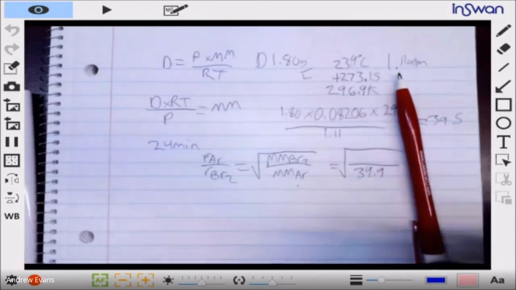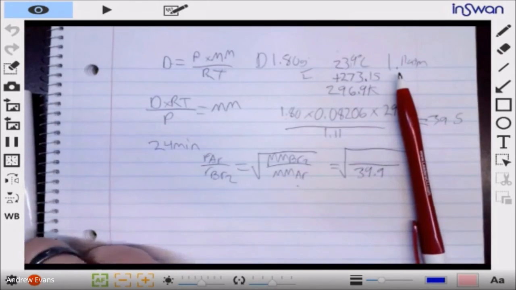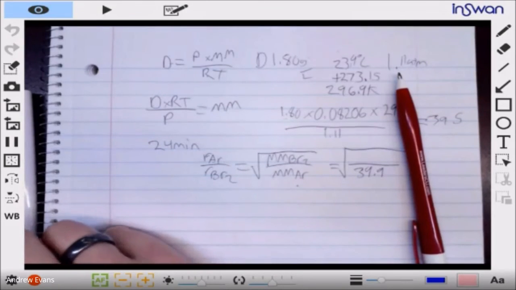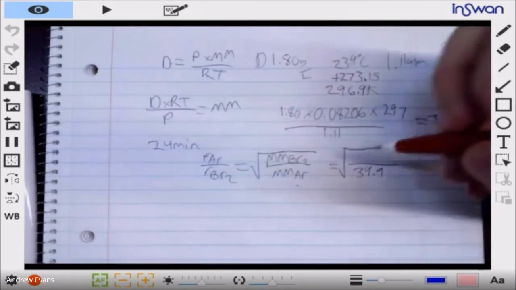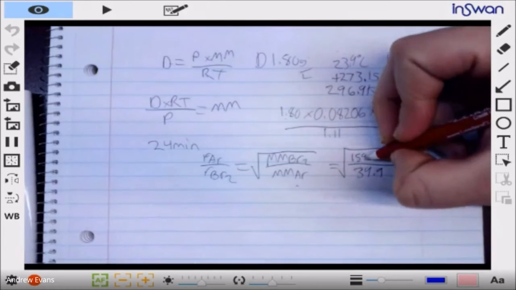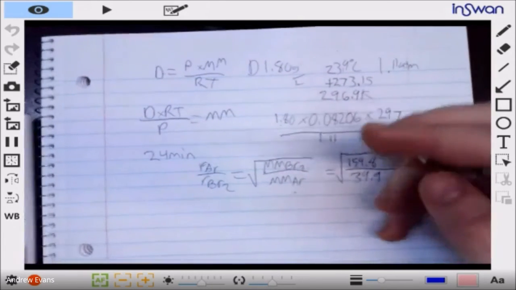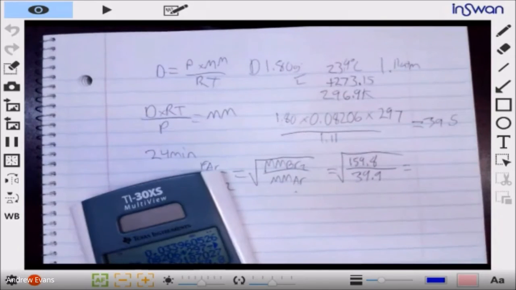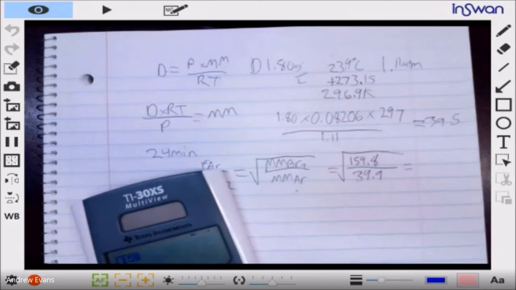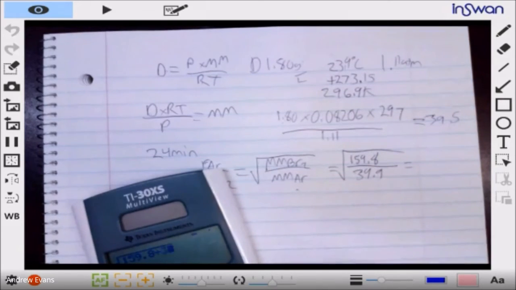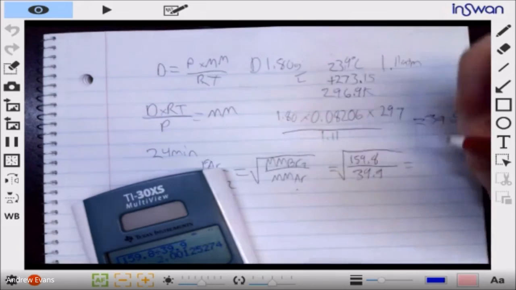Bromine is a diatomic with a molar mass of 79.9, so diatomic 79.9 is actually 159.8. So the square root of 159.8 divided by 39.9 is 2.